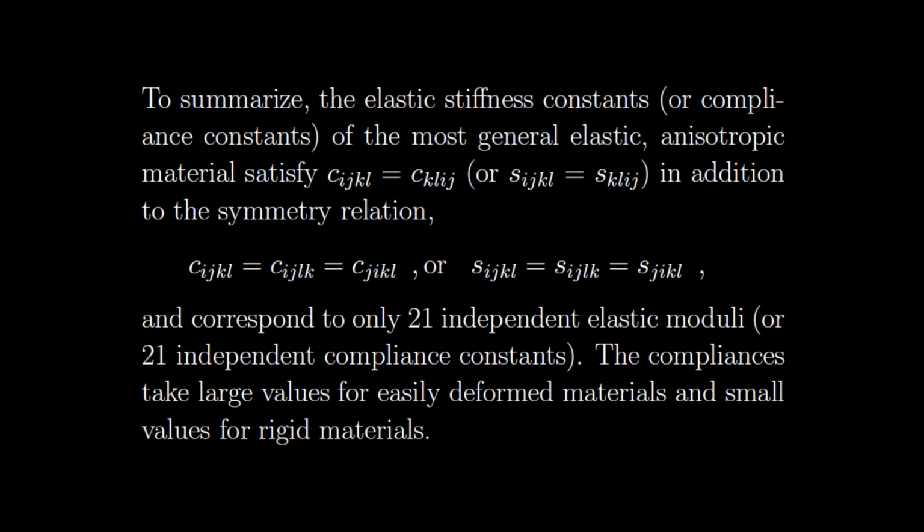To summarize, the elastic stiffness constants or compliance constants of the most general elastic and anisotropic material satisfy Cijkl equals Cklij, in addition to the symmetry relation, as follows, and correspond to only 21 independent elastic moduli, or 21 independent compliance constants.